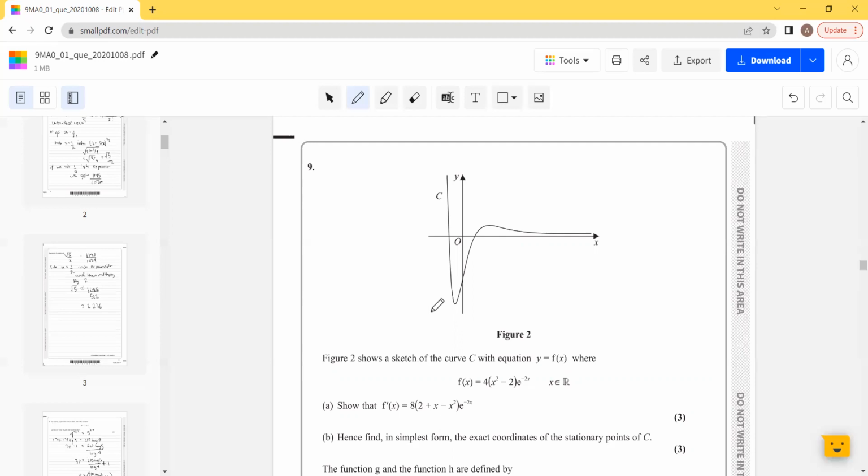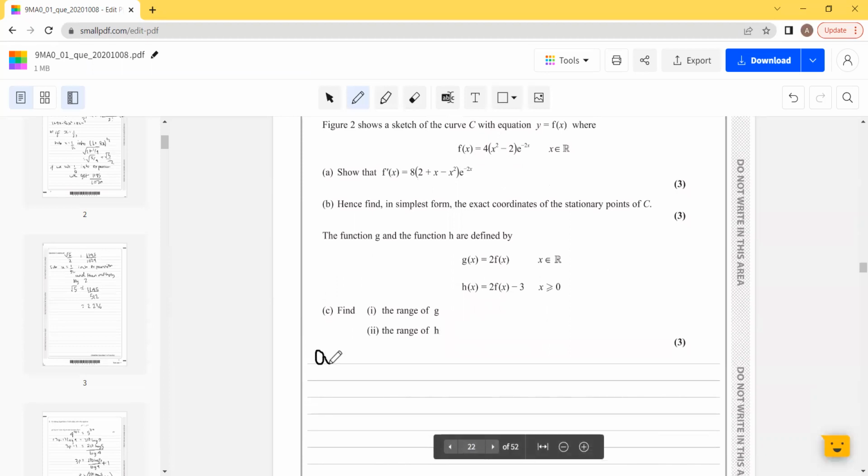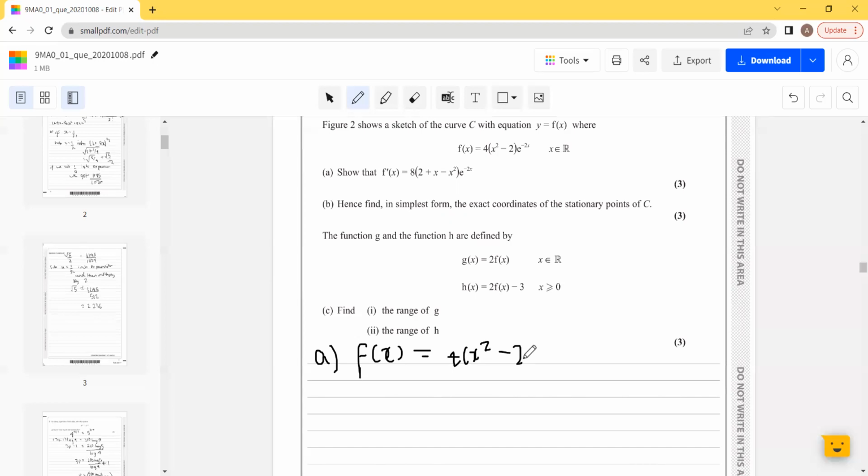Well, I know that I have this function f, but I can see that it's factorized. So the key thing to remember for this question is the product rule. We have to use the product rule. So if you notice this, f of x is equal to 4 times (x squared minus 2) times e to the minus 2x.